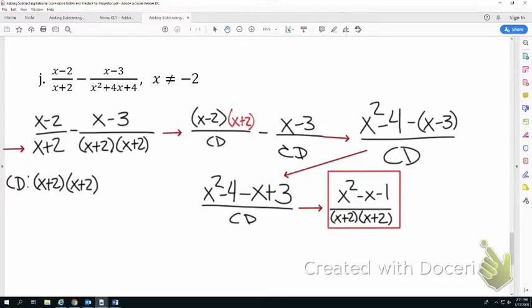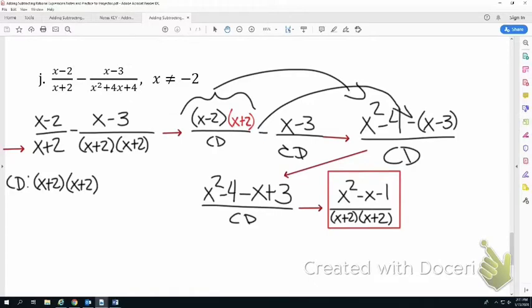Okay, so to get to the x squared minus 4, that came from these two right here. Yes. X minus 2 times x plus 2. It is a subtraction problem. And then I've got my x minus 3 right there.